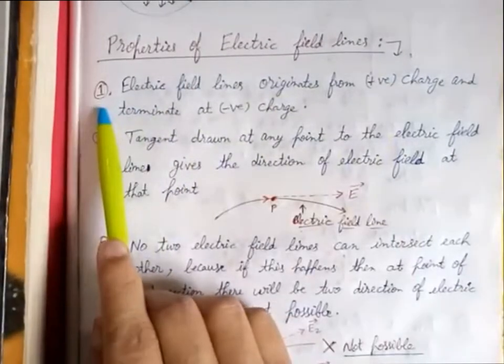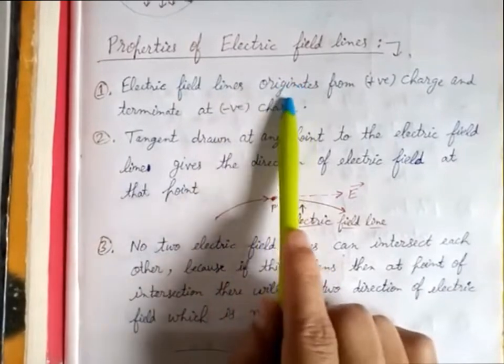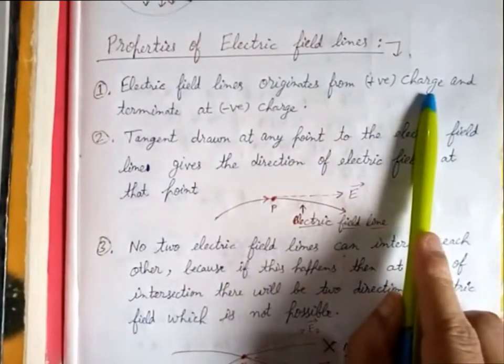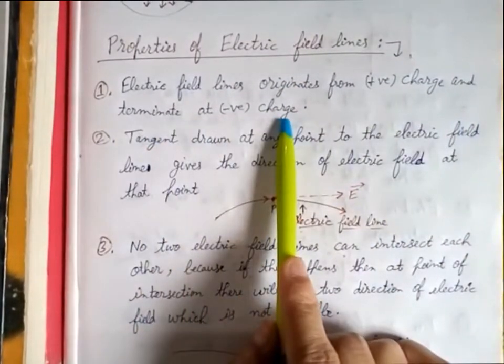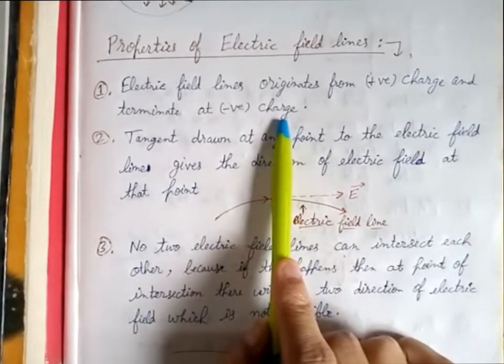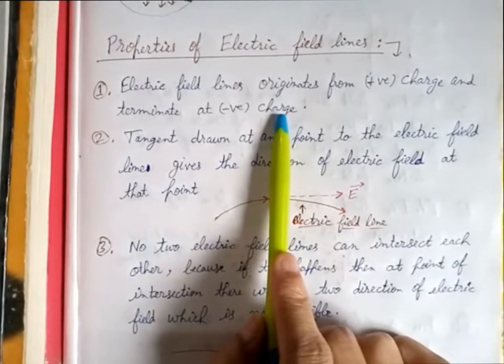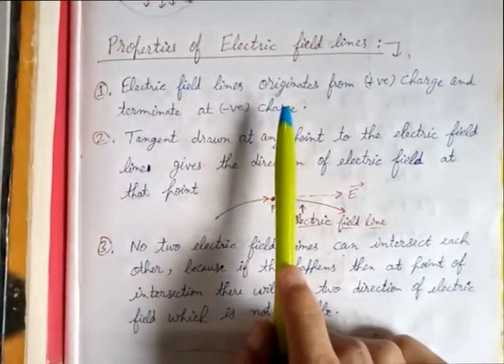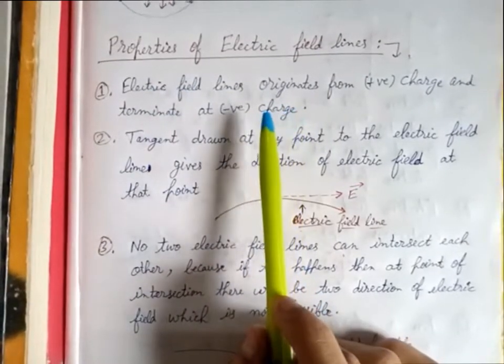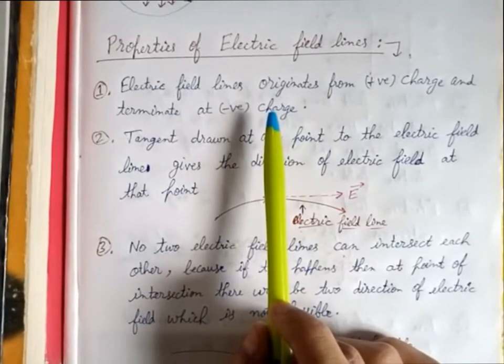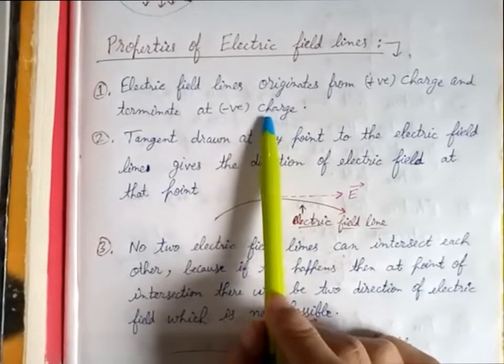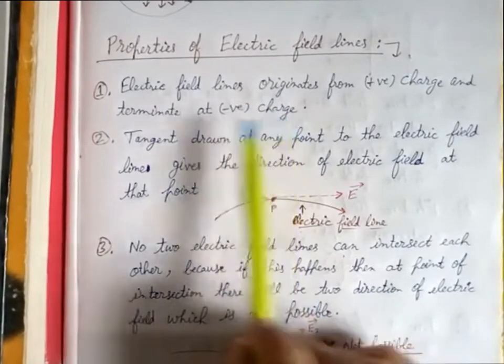The first property is that electric field lines originate from the positive charge and terminate at the negative charge. As I have already shown you in the previous topic, the electric field lines always come out radially from the positive charge and terminate, or go inside, the negative charge. This is the first property.